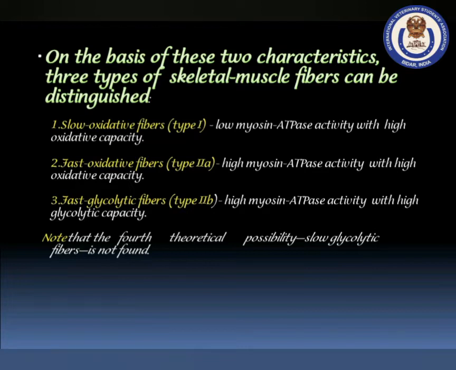It's the measure of the maximum capacity of glycolysis to generate ATP. Note that a fourth type is theoretically not possible. Slow glycolytic fibers are not at all found.